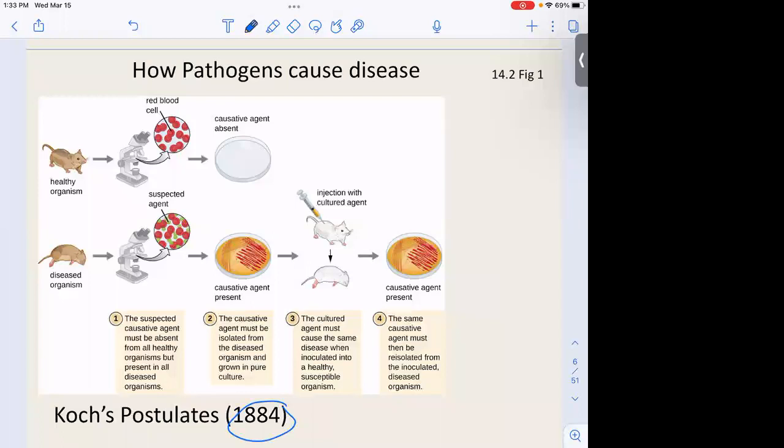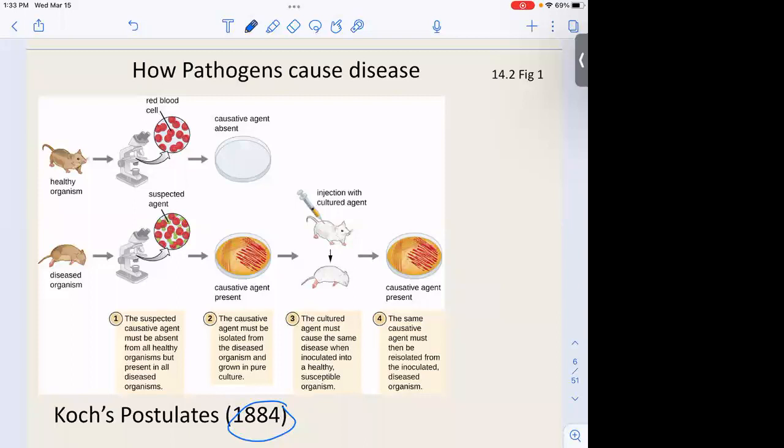Tuberculosis was a really big deal because it was really prevalent at the time, and up until then it was assumed to be a cancer. It's hard to think about that now. Wow, we didn't even understand that it was infectious. So he developed postulates that people used from then on to understand what causes a disease. We call that the etiology of a disease, the causation of disease.